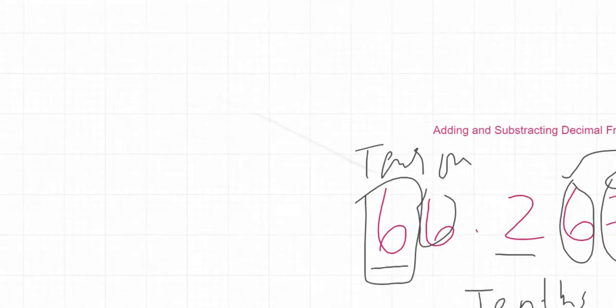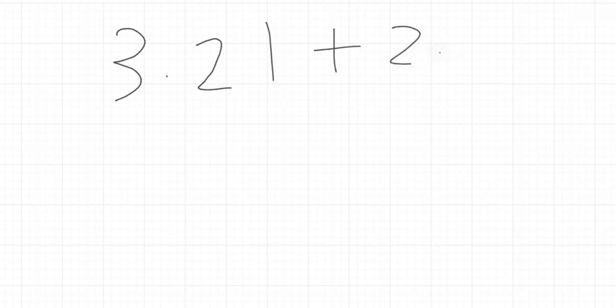Let me tell you what I mean by that. Say I have 3.21, and I'm adding 2.2. So I'm adding a number that has 2 decimal places and a number that has only 1.